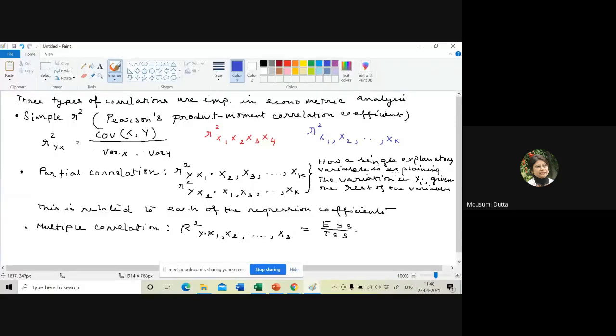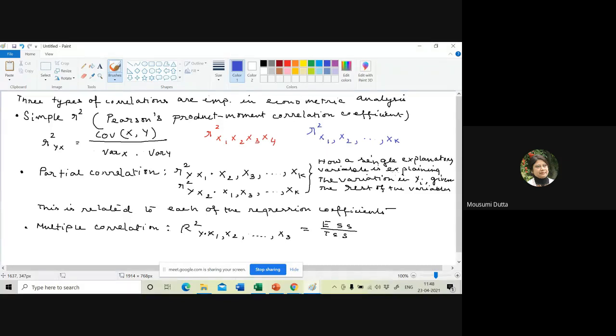That is how the price of the commodity can explain the variation in demand given the price of other commodities, income of the consumer, and education of the consumer. Or it measures the correlation between demand and education given the rest.